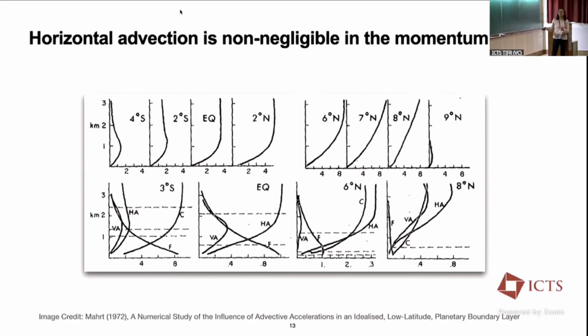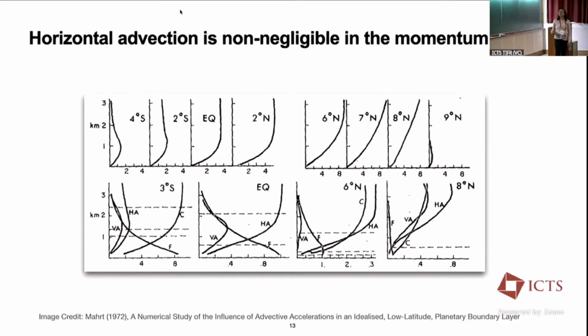If you go towards the equator, you see that the horizontal advection becomes very dominant, and so does vertical advection. Similarly, at 6 degrees north, you have the horizontal advection and Coriolis competing with one another.